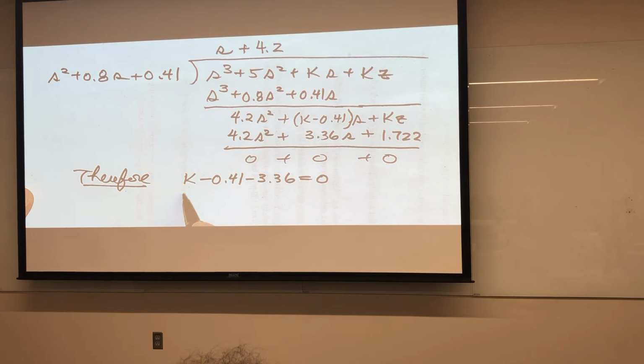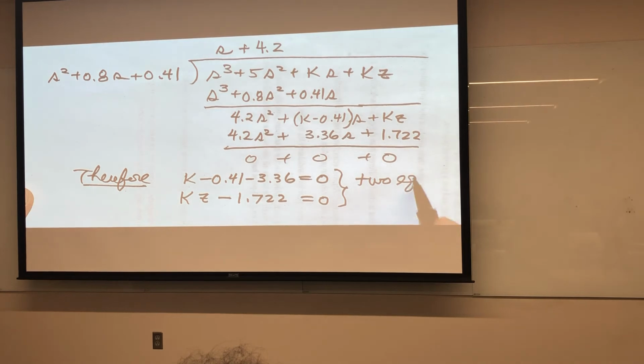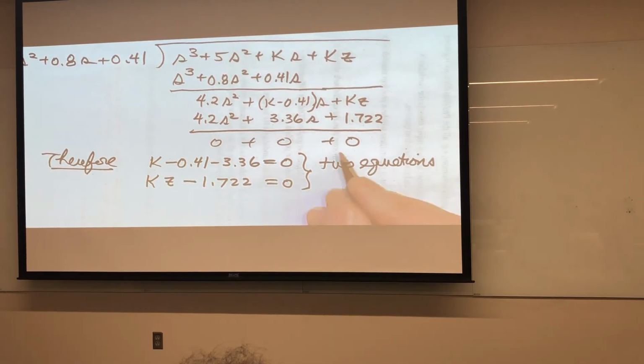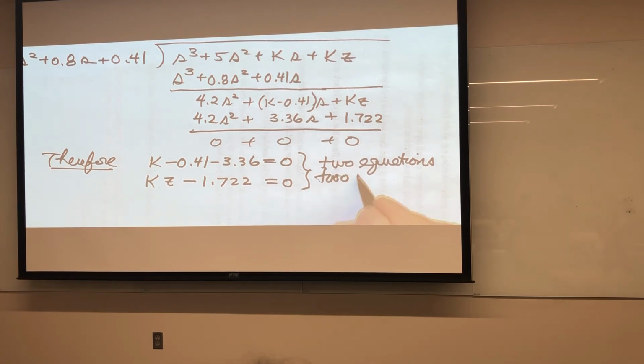And the other is kz minus 1.722 is equal to 0. And once again, I have two equations and two unknowns.